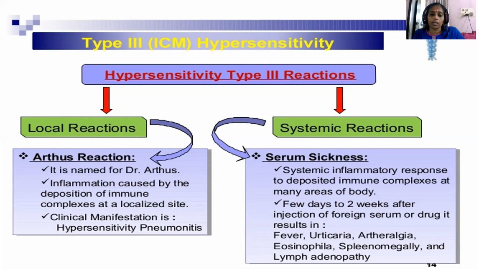It is a local reaction at the localized site, and a clinical manifestation of hypersensitivity pneumonitis. The serum sickness is a systemic inflammatory reaction occurring about 2 weeks after injection of foreign antigen, with urticaria, allergy, eosinophilia, splenomegaly, and lymphadenopathy.